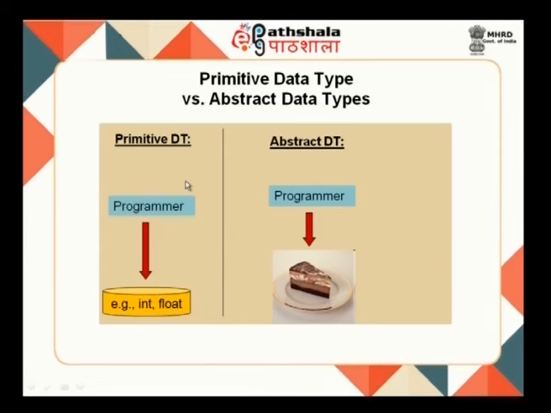For example, you have what are called primitive data types and abstract data types. Primitive data types are provided by the programming language, for example, integer, float, which the programmer can use, while the abstract data type is provided by a programmer, where he has an interface and he has the implementation. These are the implementations of the operations, and the data has a representation, but this is taken as a single unit and can be used by him or any other user code once this is available in a library.